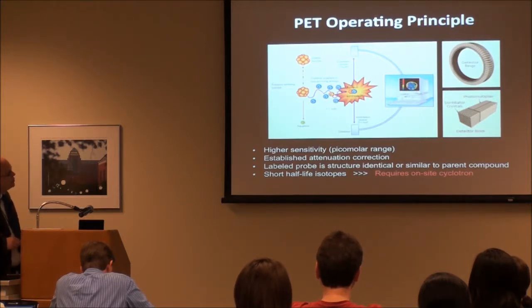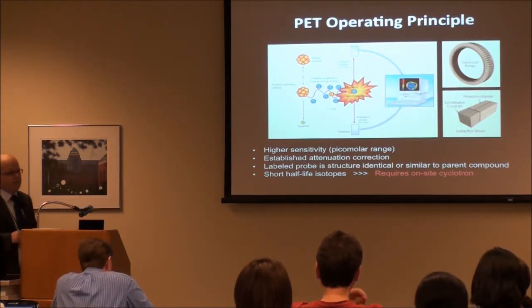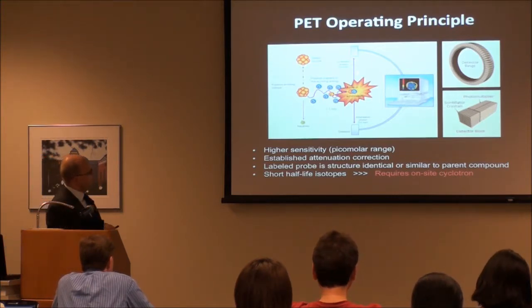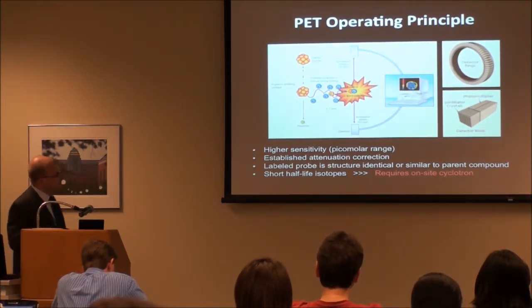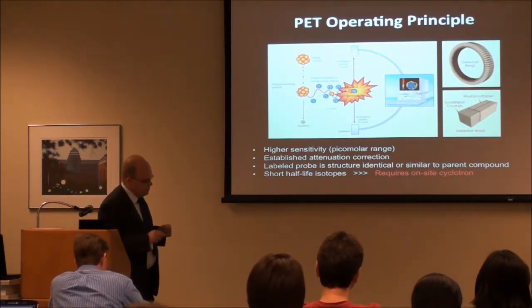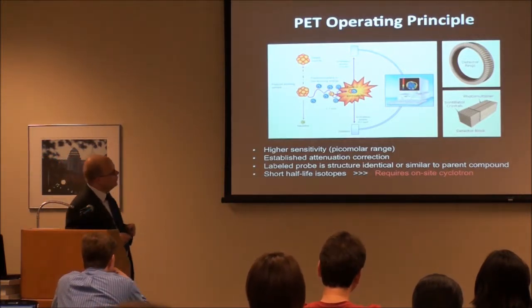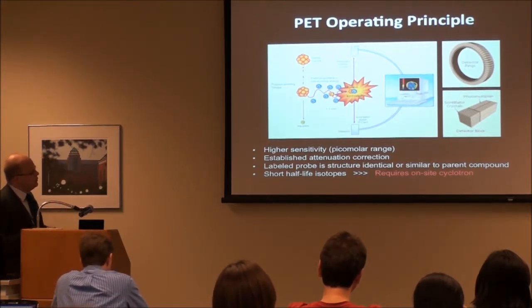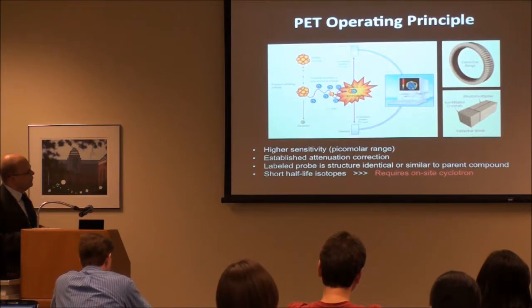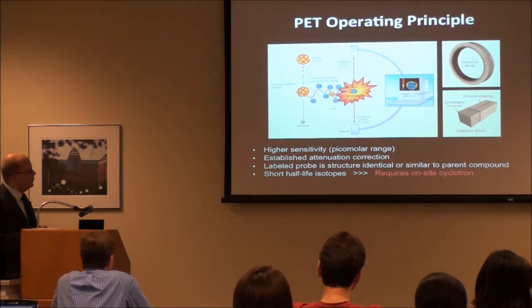In the annihilation process, 2 photons are generated at a distinct energy of 511 keV. They are separated by 180 degrees, and they hit the detector ring of the PET scanner. Then the computer detects those so-called events and reconstructs in 3D space the image of those annihilation events.